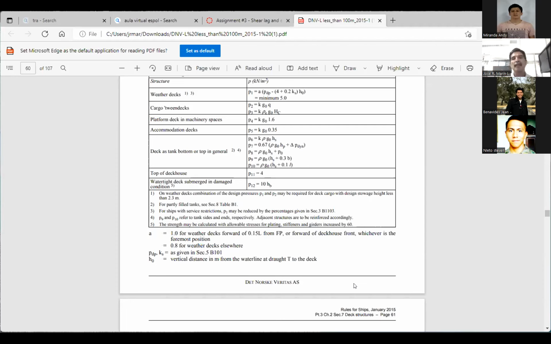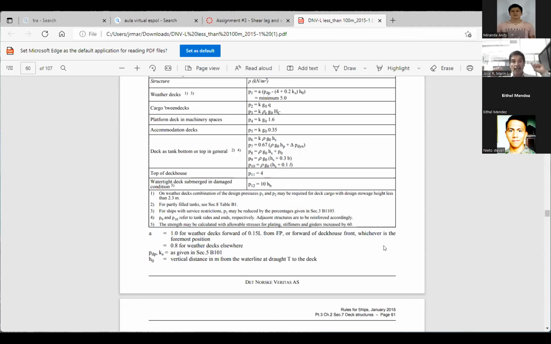What do you think FP means? Forward perpendicular, right. So you see this ship, here you have the forward perpendicular. Go on, Ms. Acuña, read the rest.